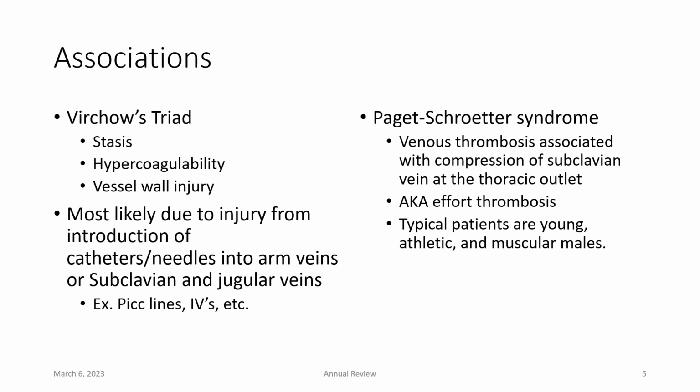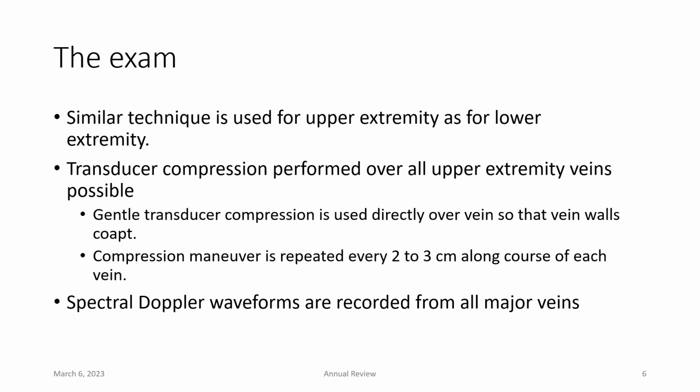And when that thoracic outlet gets obstructed, then you're more likely to have a thrombosis there. This is most commonly typical of our young, athletic, muscular males because they build up those pectoral muscles, which then push upon the clavicle and can compress that subclavian between the two.